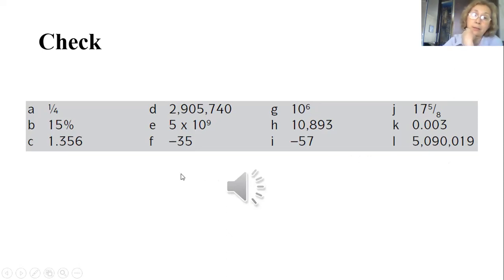I see, yes. I wrote 900, but here it is 5,090,019. 90,019. Yes. Okay.